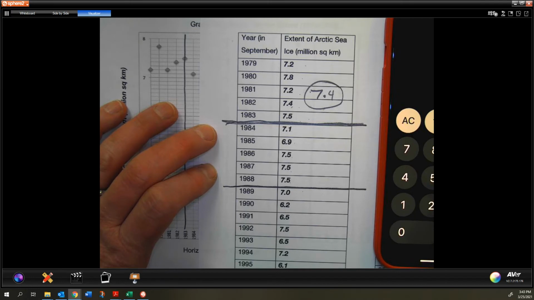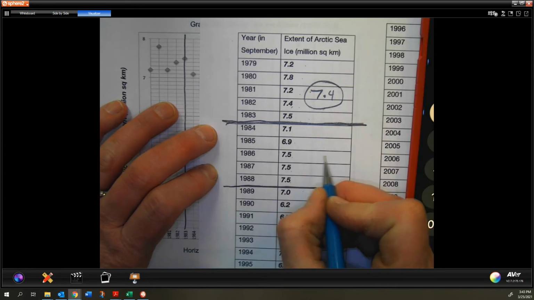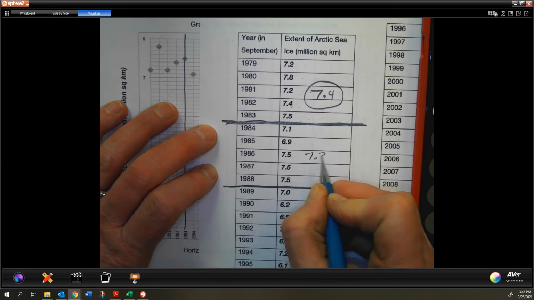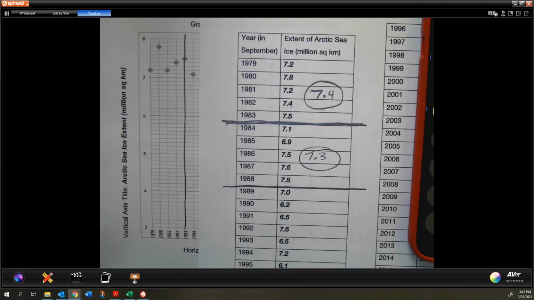And now we have 7.1 plus 6.9 plus 7.5 plus 7.5 plus 7.5 again, which equals, all the numbers added up, equals 36.5 divided by 5 equals 7.3. All right.